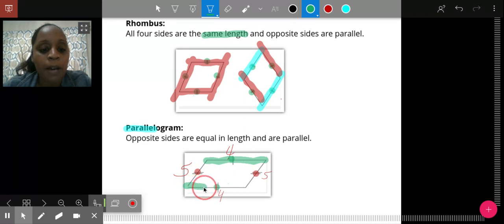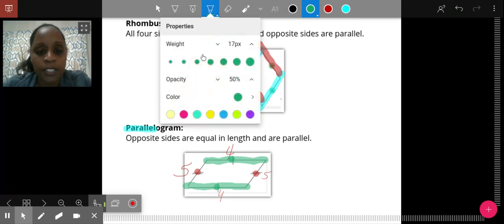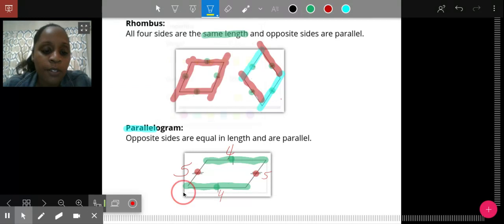The top and the bottom lines will never touch. And on the other side, we'll use a different color. We'll use yellow. The side where the measurement was 5, that side is parallel to the other side. So it has 2 pairs of parallel sides.